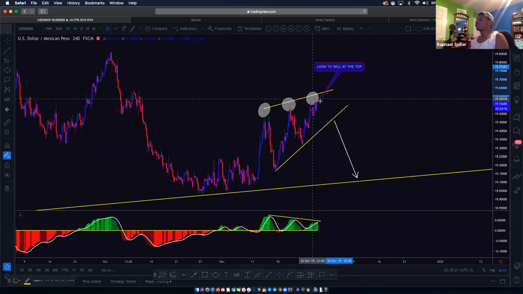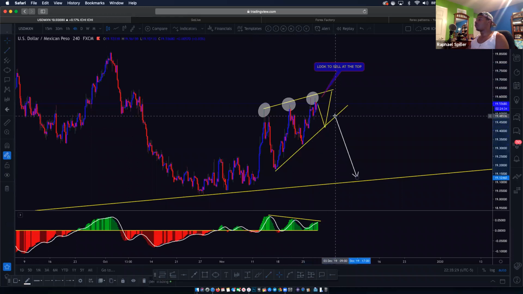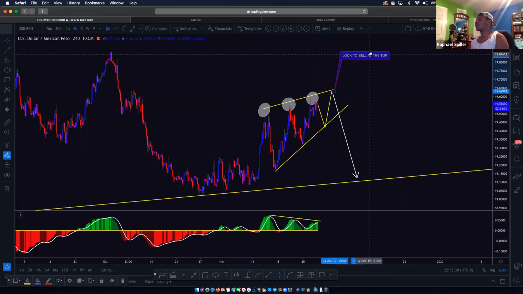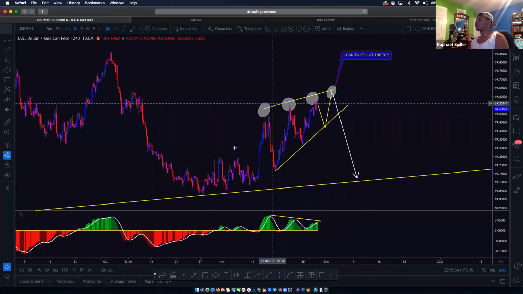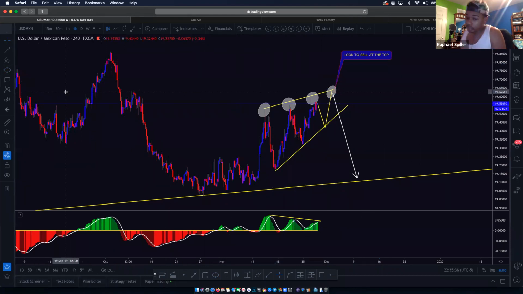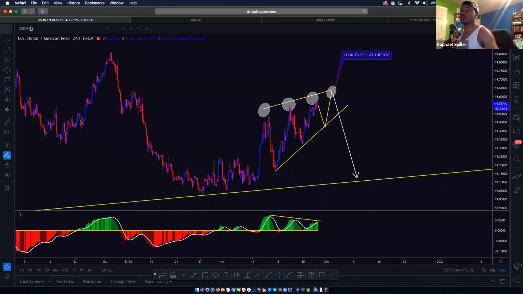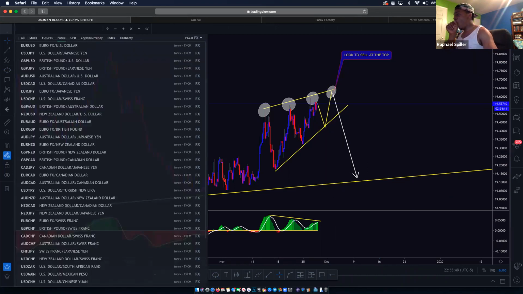Right? So this will most likely drop again and then come back up. So look to sell at the top, whatever gives you your entry or structure to get in. Sure.